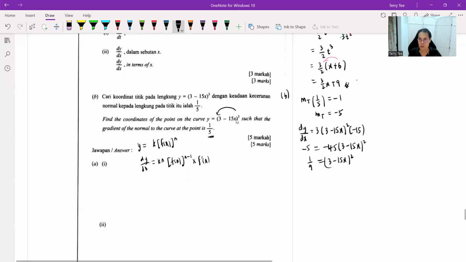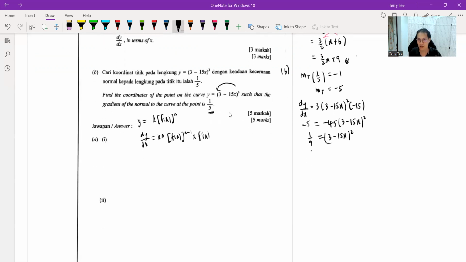So what I need to do is to square root both sides. When you square root this, there's a plus minus. So let's do one by one. Maybe I start with a -1, and I write the +1 separately. 3 minus 15x. Bring the 15x to the left, bring this to the right. Now, I know a lot of people don't like fractions. Maybe if you don't like fractions, you just multiply by 3.